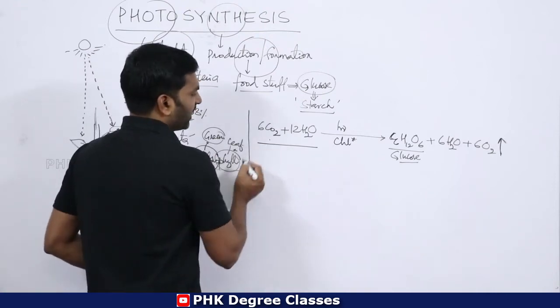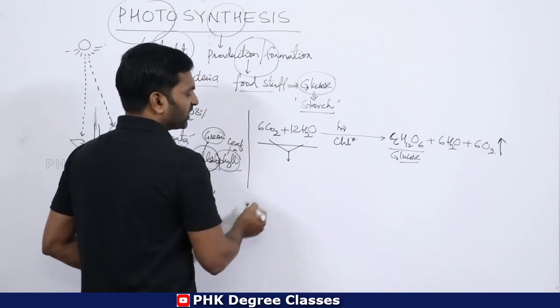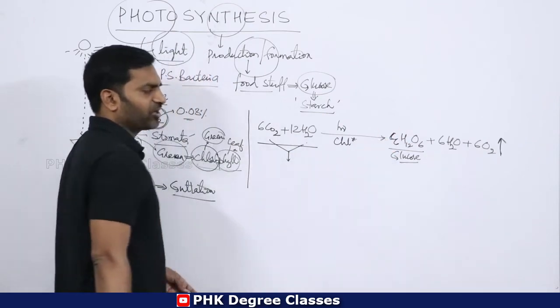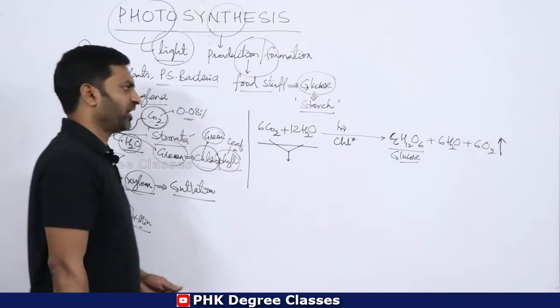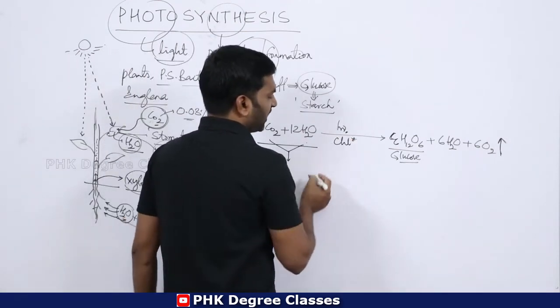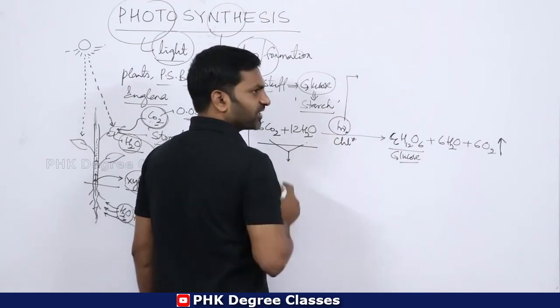Carbon dioxide and water are combined together and there will be formation of foodstuff and liberation of oxygen. Then this is what? Sunlight. Sunlight is useful for the photosynthetic mechanism.